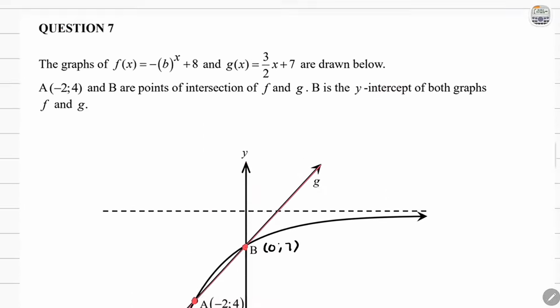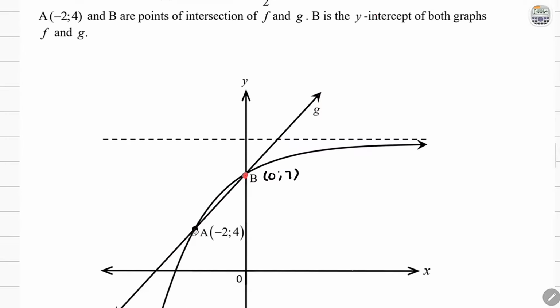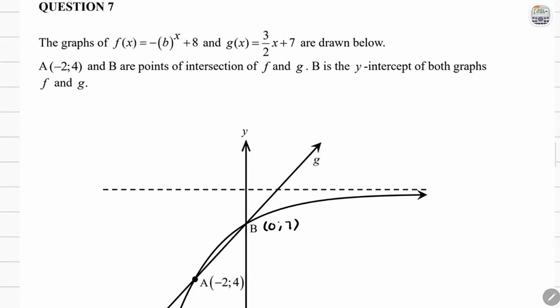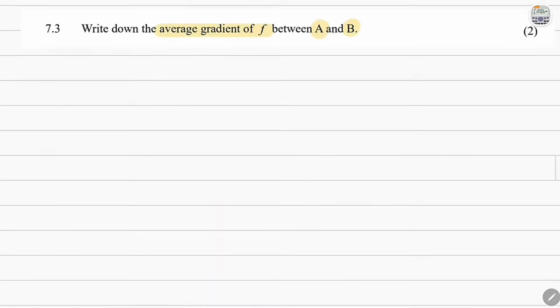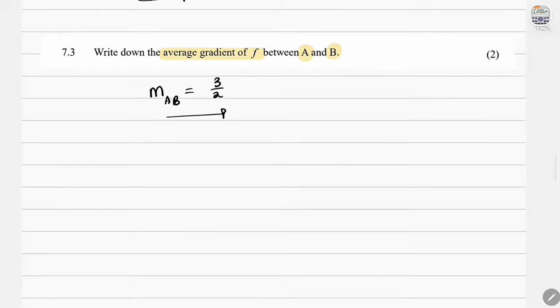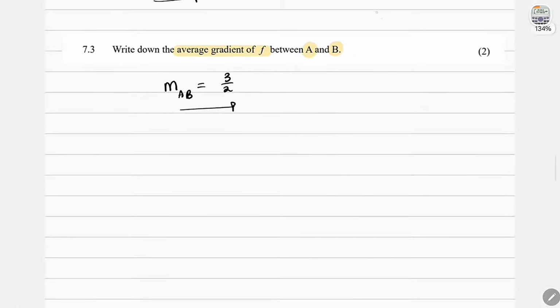And we know the equation of g, meaning we know its gradient. So the average gradient between any points on this graph of g would be exactly 3 over 2. So we can tell them that the gradient of AB is simply equal to 3 over 2. And that is our answer. Moving on to the next question.